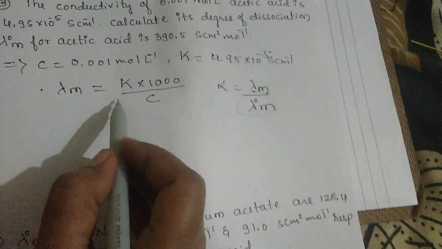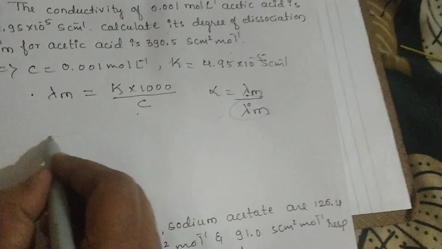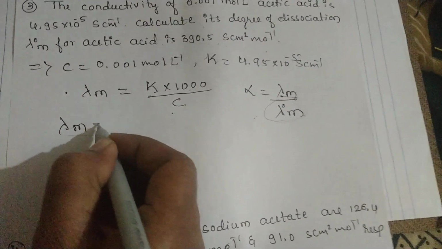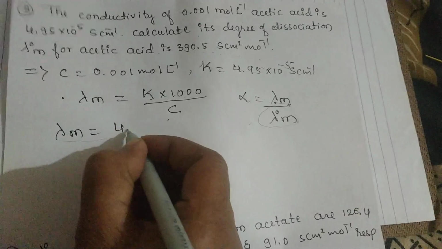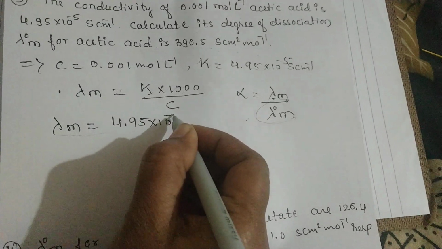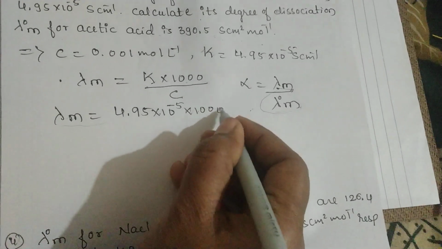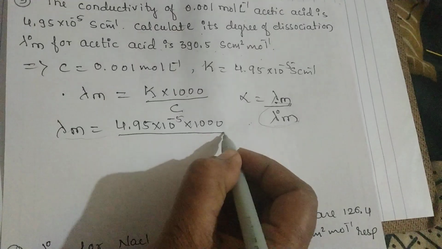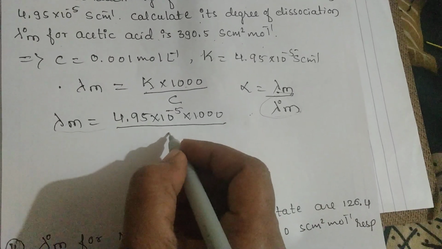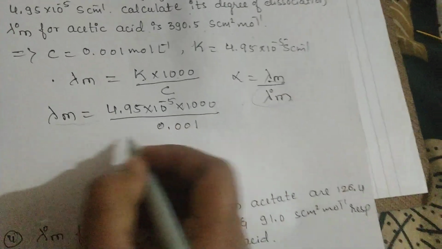So I am applying the formula K into 1000 divided by C. Lambda m is equal to 4.95 into 10 raised to minus 5, into 1000 divided by the concentration 0.001.